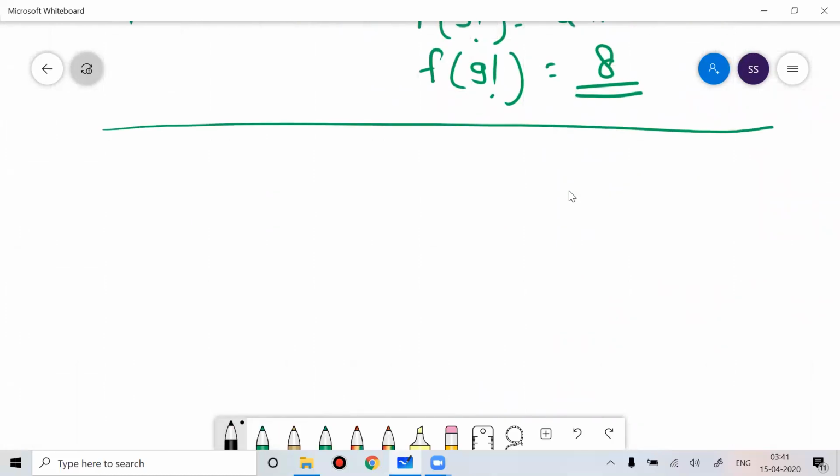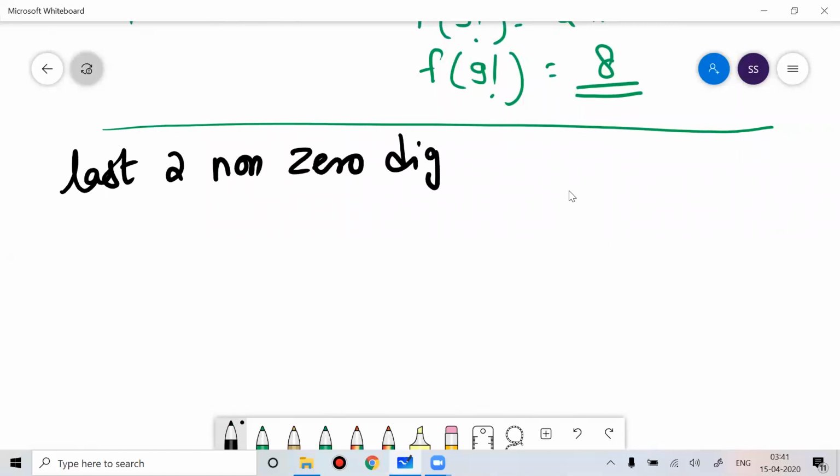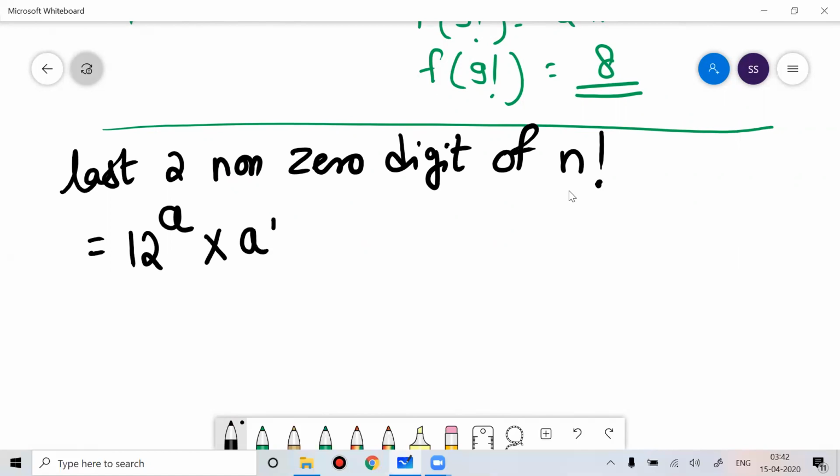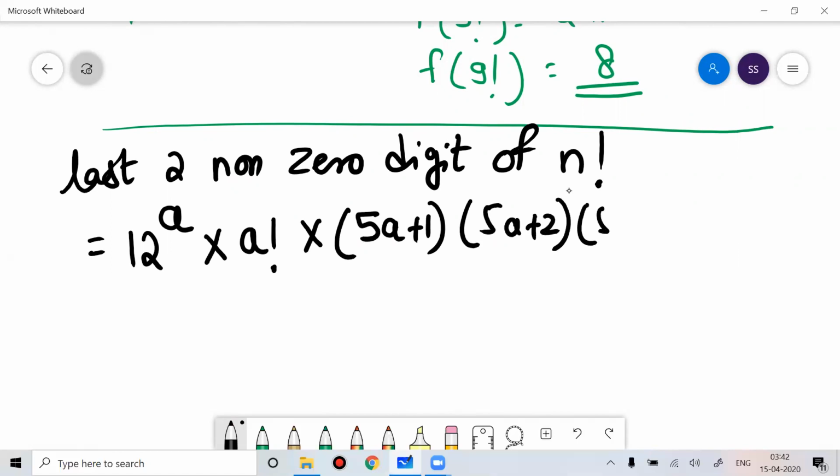For the last two non-zero digits of n factorial, we apply the formula: 12 to the power a into a factorial into (5a plus 1) into (5a plus 2) into (5a plus 3), up to a maximum of (5a plus 4).